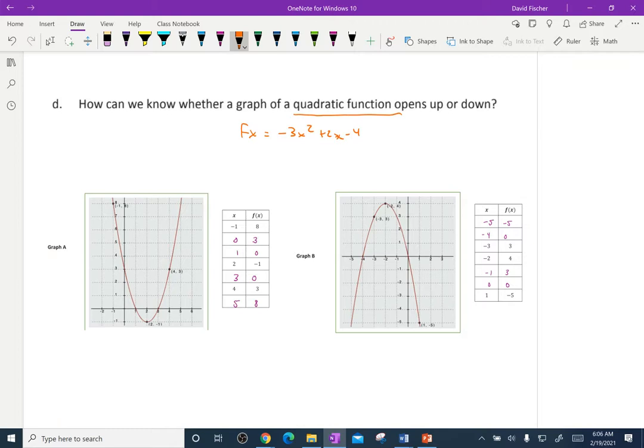How would we know? What they're looking for here, I believe, is: if the a is positive, what did we learn on Monday? The graph opens upwards.